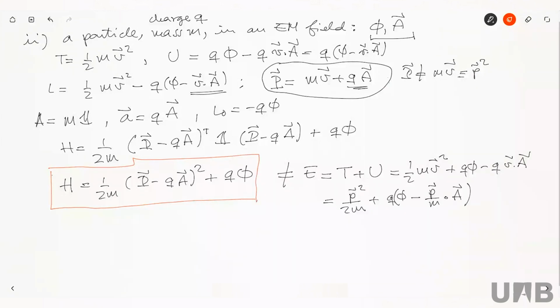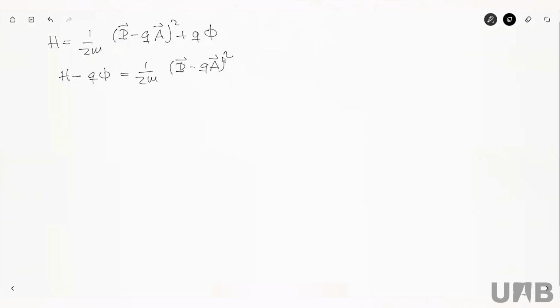Right? Notice the following. We found that H equals 1 over 2m, P minus QA squared, plus Q phi. So I'm going to take the Q phi and pull it to the left-hand side. H minus Q phi equals 1 over 2m, P minus QA squared.